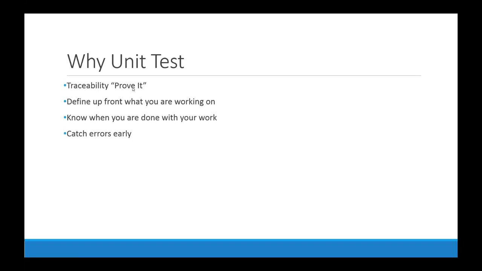I also like that when I make changes somewhere, I can catch errors early. So if I make a change to my code base and I didn't think through what that change means, and now I check to see if the behavior of my system is as expected and it isn't, then I can catch it right away and I can fix it sooner.